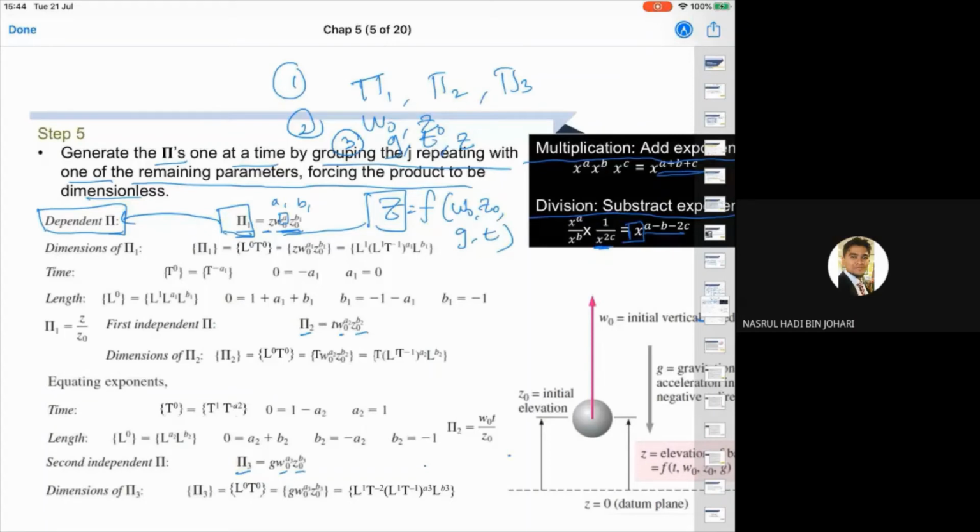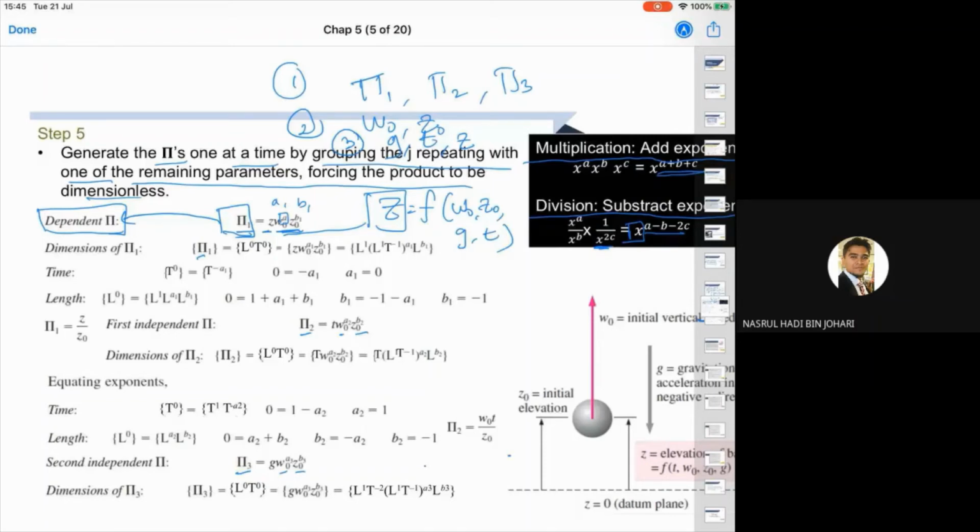And then we do the analysis on the dimensions. For pi 1, we analyze the exponent of each parameter. Usually you can have another way to solve this, but this is the recommended one, easier to analyze and can reduce the error.